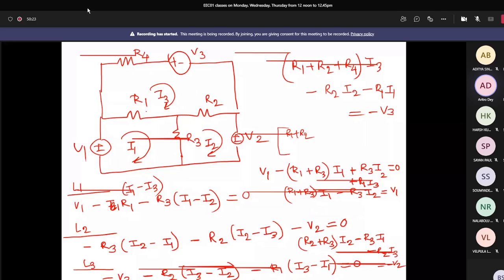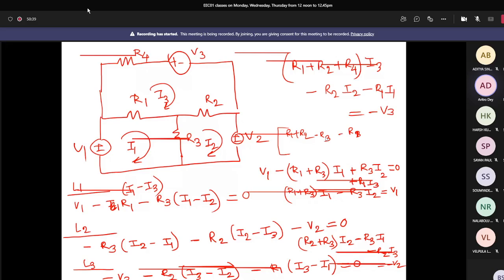Then R1 is between I1 and I3, so minus R1 will come for the current I3, and minus R3 will come for the current I2.